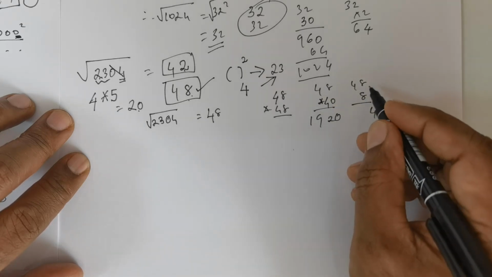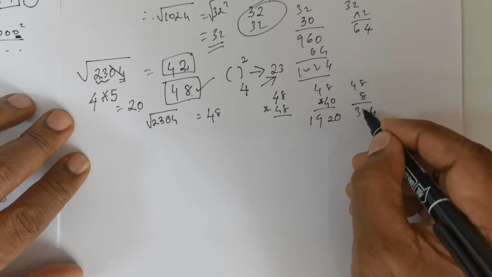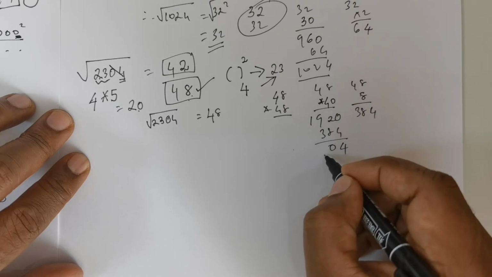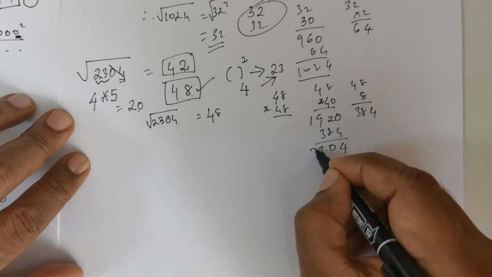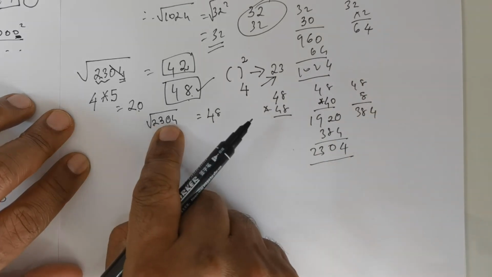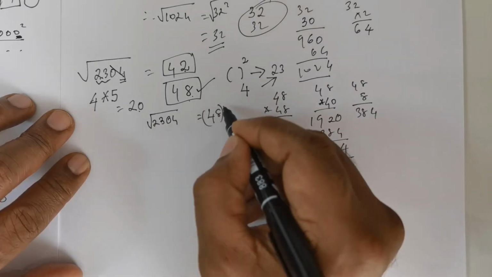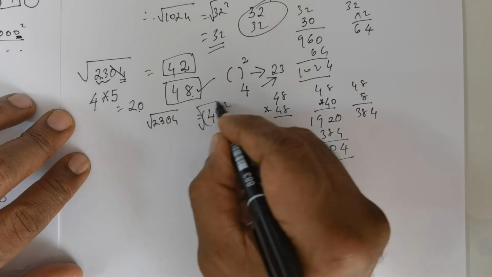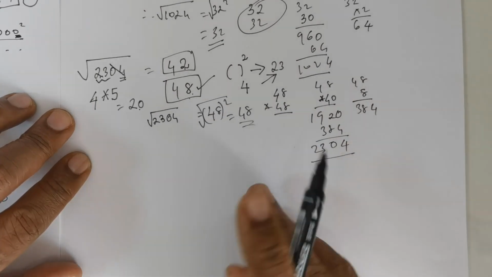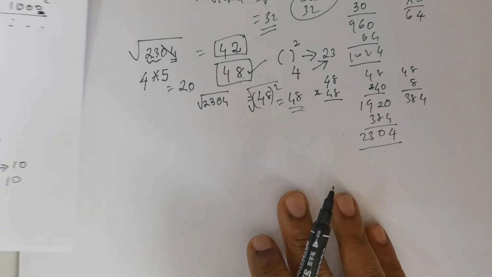This is 64, 6, 32, 8. So just place 3, 8, 4 there. 10, 10, and then 2. 2304, which produced 48 squared, and you take the square root of that, it produces 48. So that is the answer for this question.